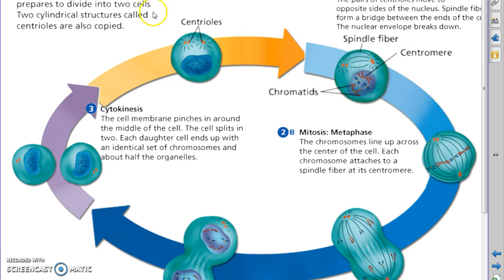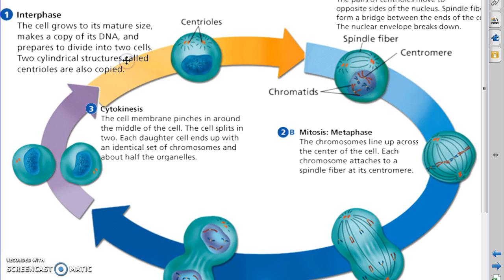Remember that first stage was interphase, and I know that one's filled in for you. Interphase is generally the stage that most cells are in as they all grow to maturity, and that can take a long time. Once the cell is mature and it's received a signal to make a copy of itself, then the DNA will start to be copied, as well as all of the organelles, because you can't have one cell get all the mitochondria and another cell get all the Golgi bodies.